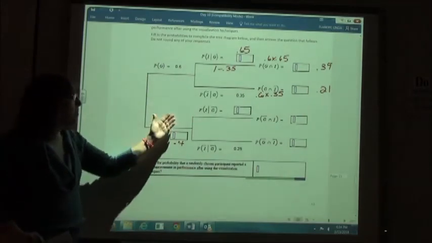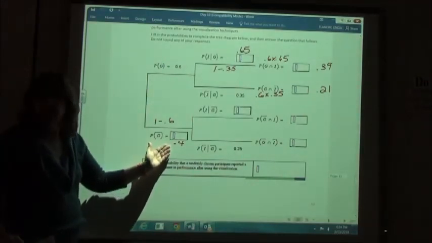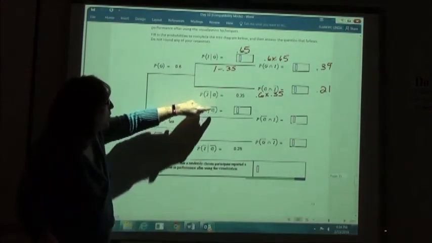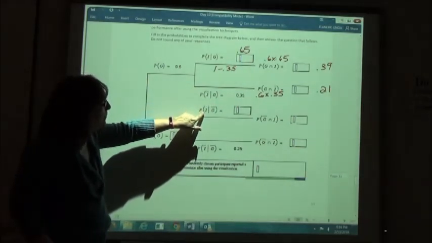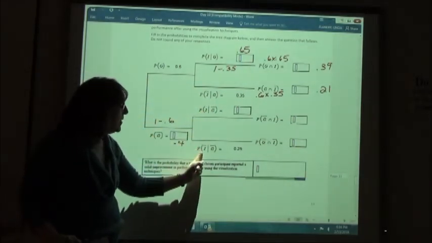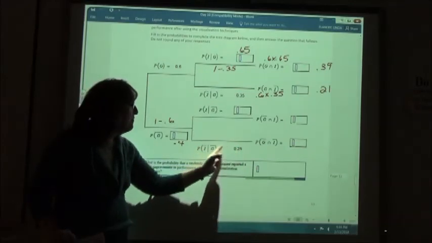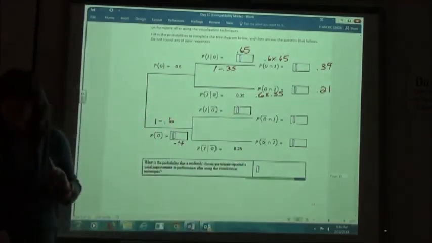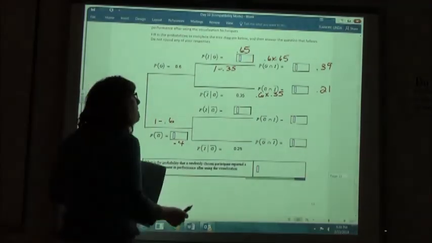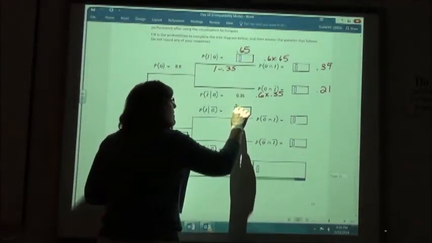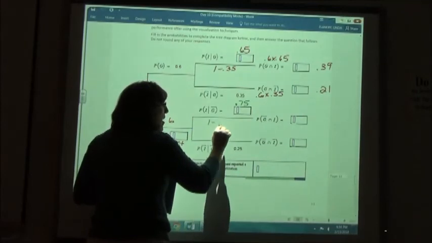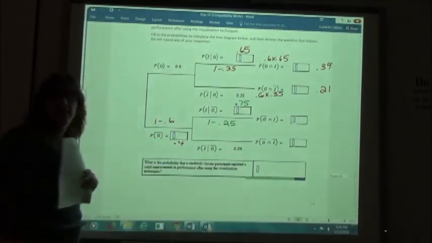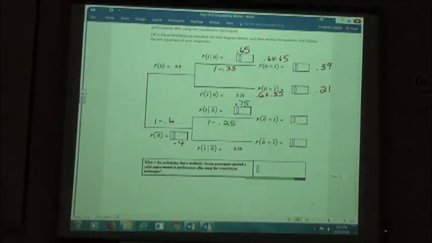Here we've already figured out 40% were not golfers, they're the tennis players. Here, these are how many improved of those people, how many did not improve. 25% did not improve, so what percent did improve? 75%. 1 minus that 25% would be 75%, right?